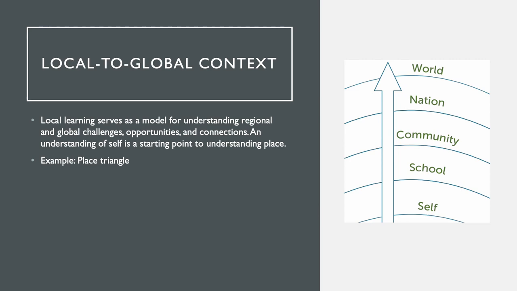Not only will it help students with the understanding of what is going on and digging deeper into ideas of solving these real world challenges, they can actually see themselves within the system. So it's beneficial in a number of ways, but local to global context is essentially looking at that place triangle or looking at your community and seeing how you can make context within your own community or school.